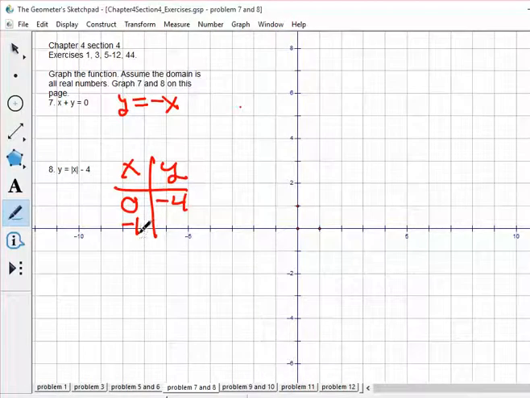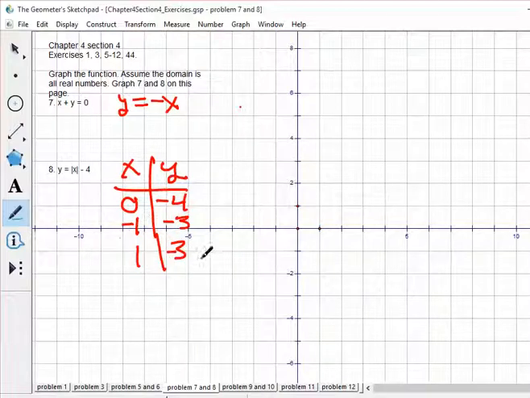When I have x equal to negative 1, the absolute value of negative 1 is positive 1. 1 minus 4 is negative 3. And then I'll put in 1. The absolute value of 1 is 1, 1 minus 4 is negative 3, sorry.